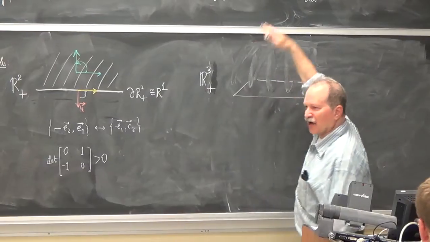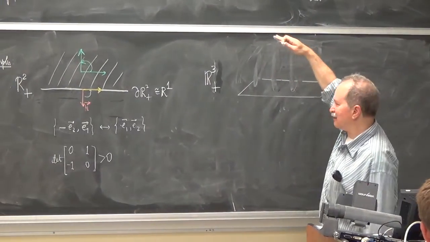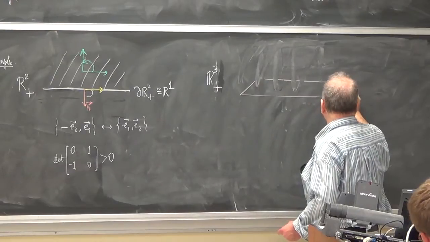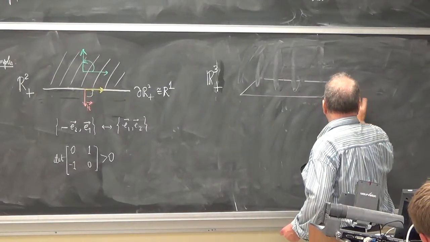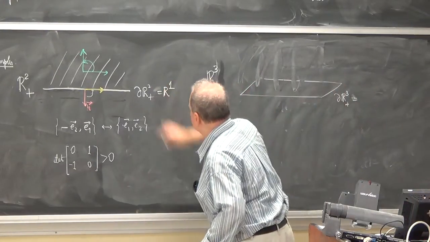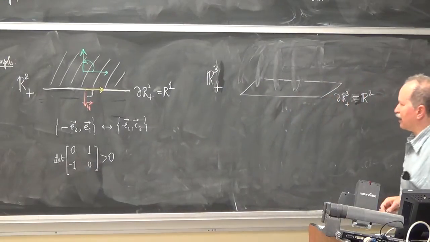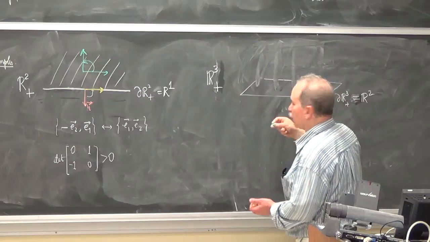So you have the upper half 3-space. The boundary is now a copy of R2. Oops, we don't know what that sign means. Sorry. All right, standard orientation on R3.